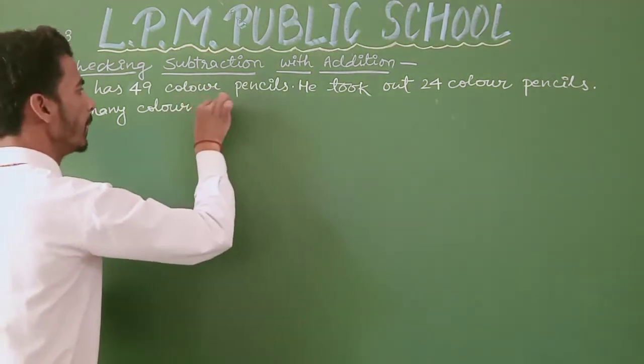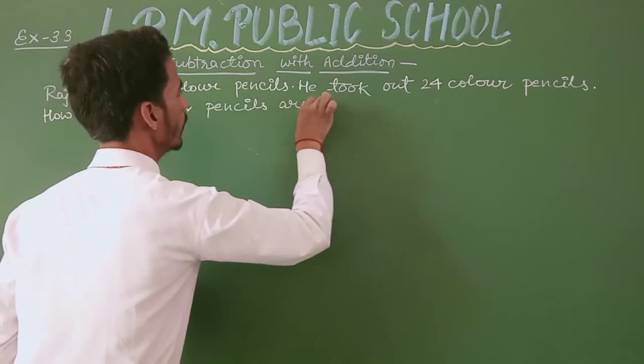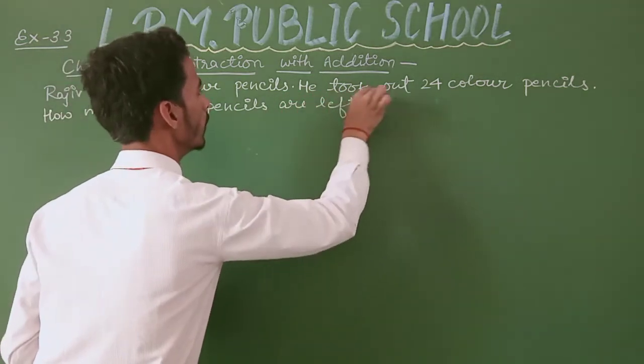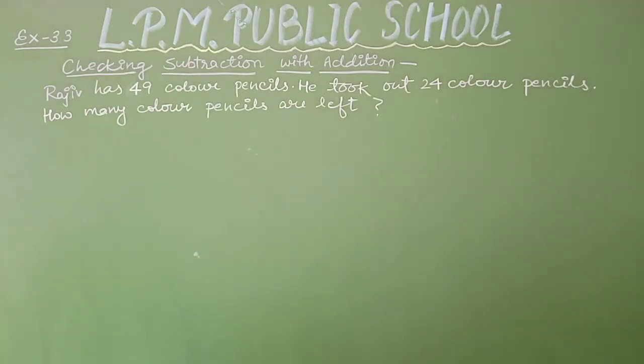How many color pencils are left? Okay, now you know that Rajiv has 49 color pencils and he took out 24 color pencils.